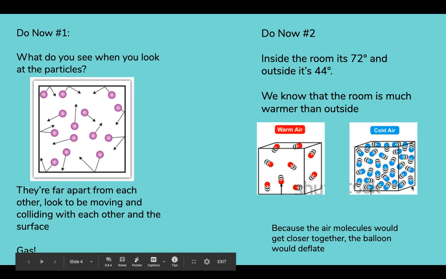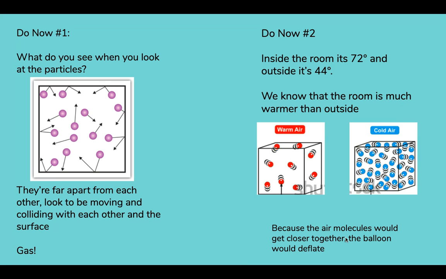Because those air molecules would get closer together, that balloon would actually deflate. This is a big problem sometimes in places where the temperature drops really suddenly. Your tires might be flat, and it's kind of for that reason. The air inside the tires has gotten closer together, which causes things to deflate or get smaller.